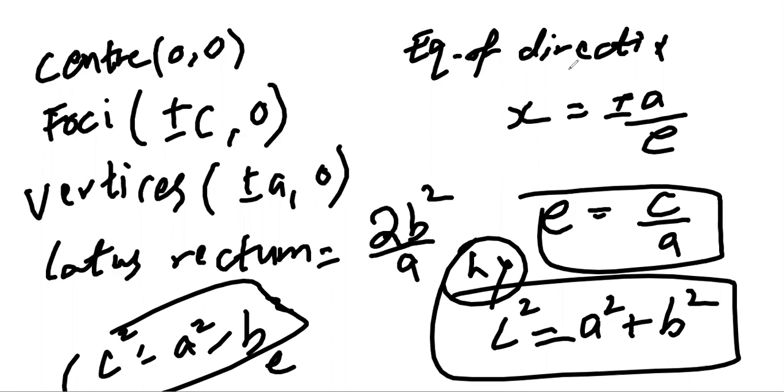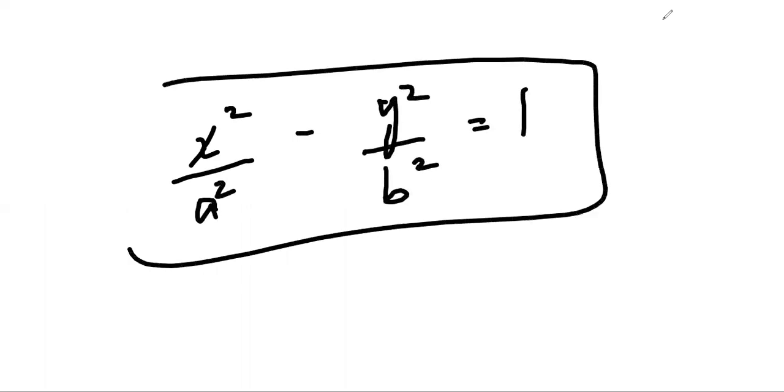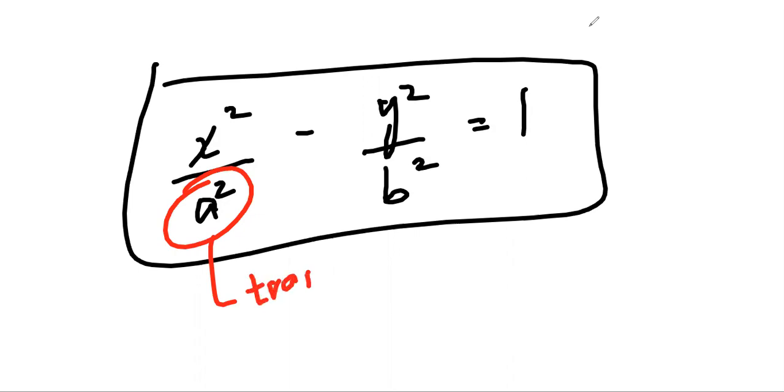Now I'm writing the standard equation for the hyperbola. Standard equation for the hyperbola is x square upon a square minus y square upon b square is equal to 1. This is the standard equation of the hyperbola when transverse axis is at x-axis.